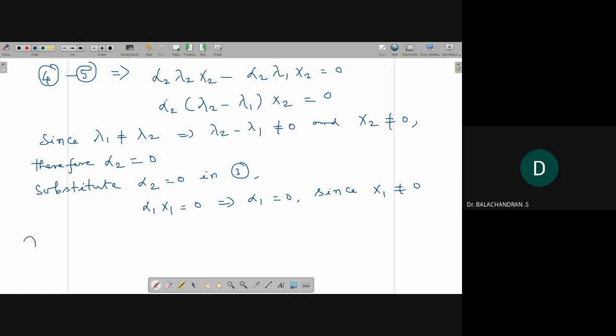Thus we assumed alpha 1 x1 plus alpha 2 x2 equal to 0, and from this we have alpha 1 equal to 0 and alpha 2 equal to 0. Therefore x1 and x2 are linearly independent eigenvectors. The proof is over.